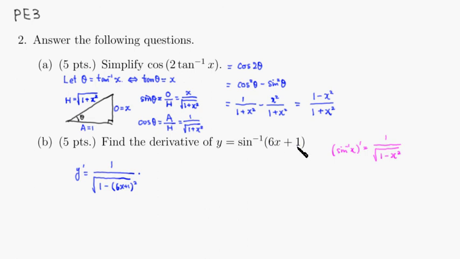The derivative of 6x plus 1 is just 6. Therefore, this is going to be 6 over the square root of 1 minus quantity 6x plus 1 squared. Alright, that's it. I hope that this was clear.